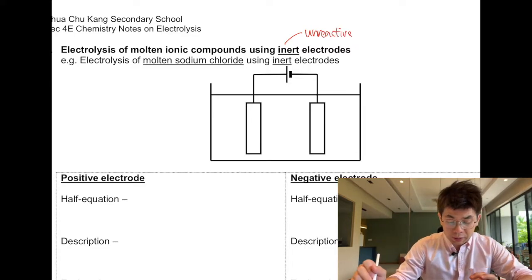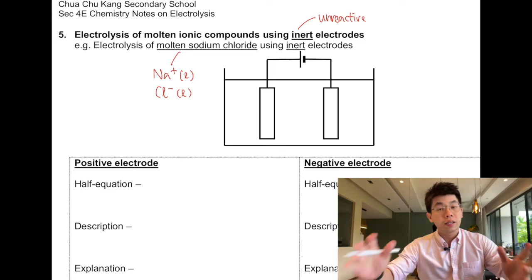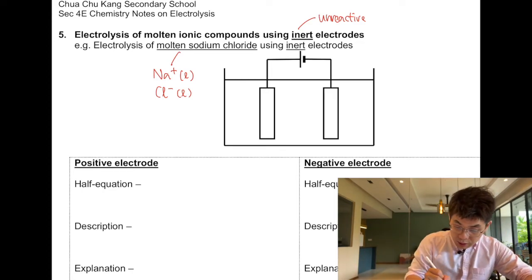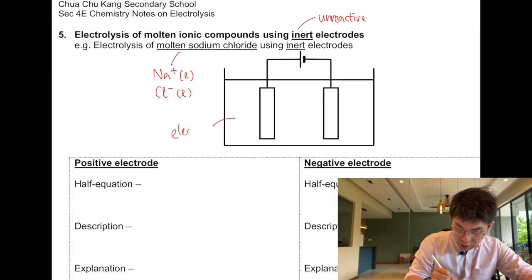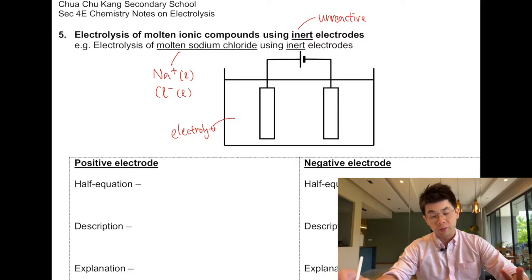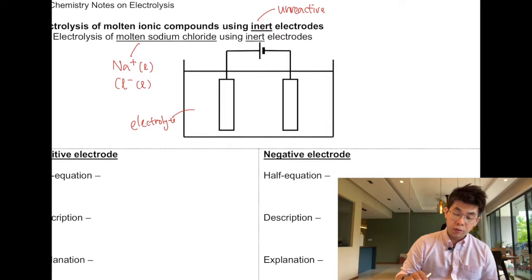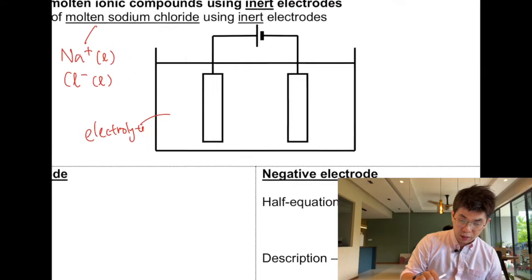Okay, molten sodium chloride will therefore only have Na+ (l) and Cl- (l) inside the liquid here. So this is the electrolyte, and the electrolyte will only contain Na+ (l) and Cl- (l) ions inside this. Okay, so since this is the first example, let's go through this a bit slower.